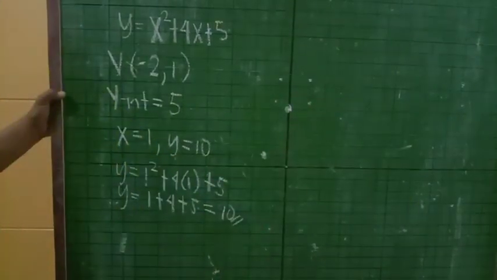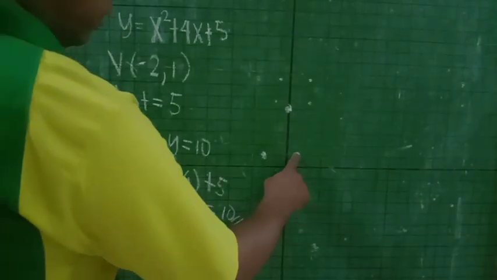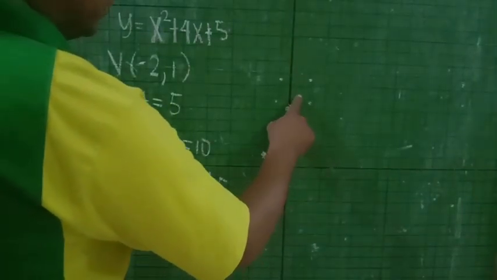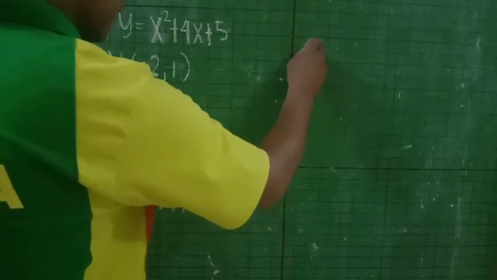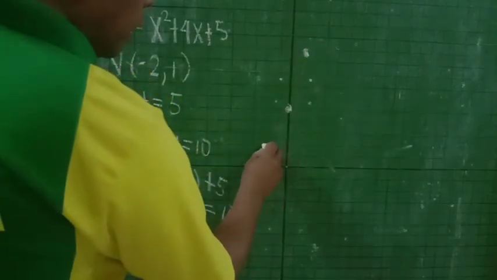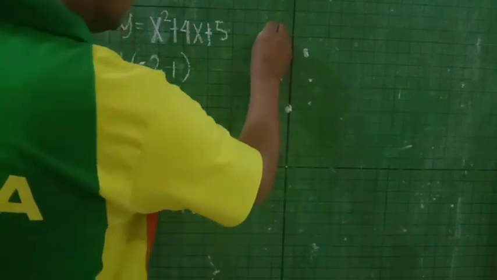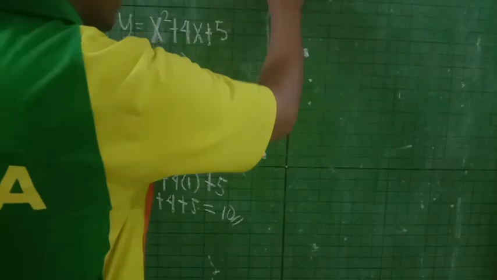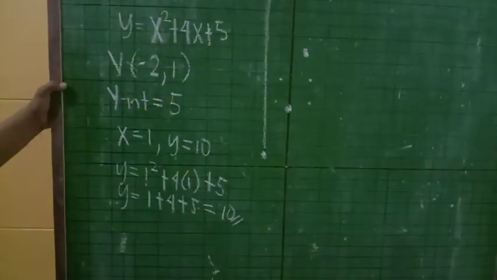Okay? Next, if x is 1, y is 10. 1, 2, 3, 4, 5, 6, 7, 8, 9, 10. Okay? Ito yung ating axis of symmetry. Remember na yung axis of symmetry, divide the parabola into two equal parts.